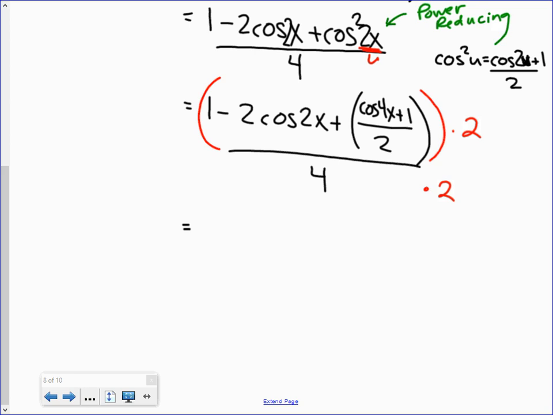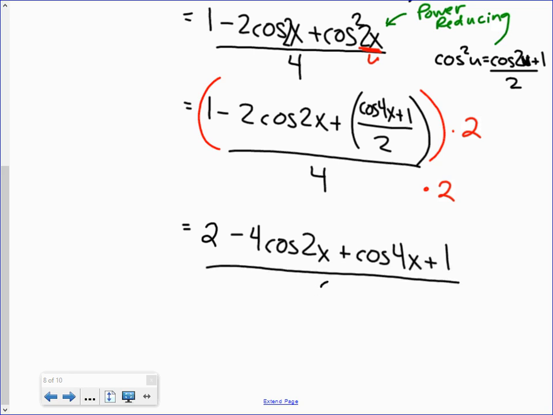2 times 1 is 2. 2 times 2 cosine 2x is 4 cosine 2x. You're only going to multiply the coefficient. Don't worry about that 4x. It's protected by parentheses. And then when you multiply this last term, multiplying by 2 only cancels it out. So it's plus cosine 4x plus 1.